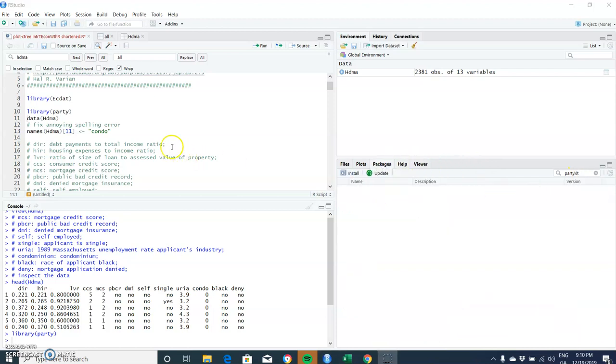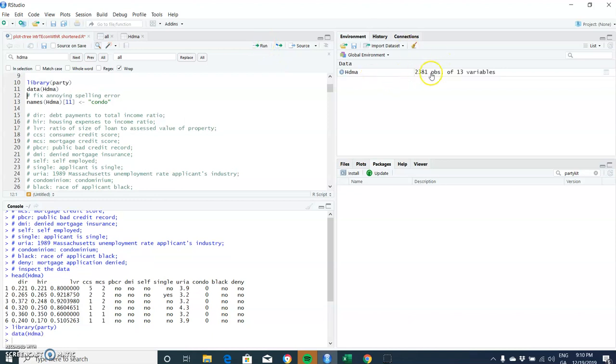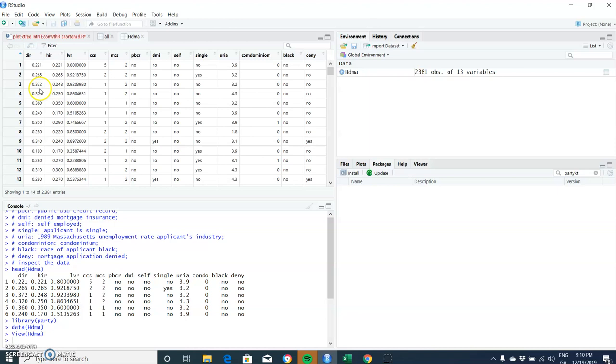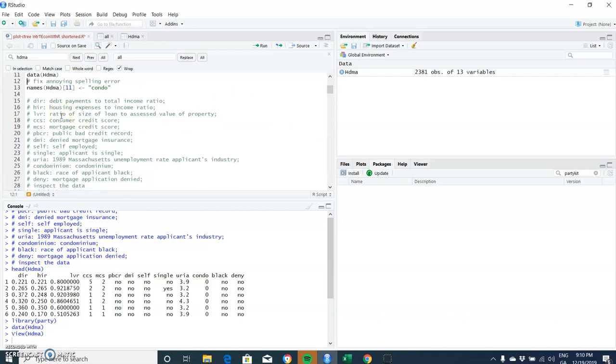Okay, so if we come over, some definitions are provided. So if we run our data, we have it here available. If we just eyeball that data, we can see here the variables are available, the headings. If we go back out of the viewer into our script, we can see the definitions here.